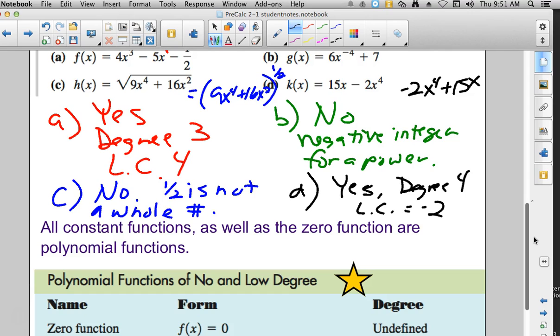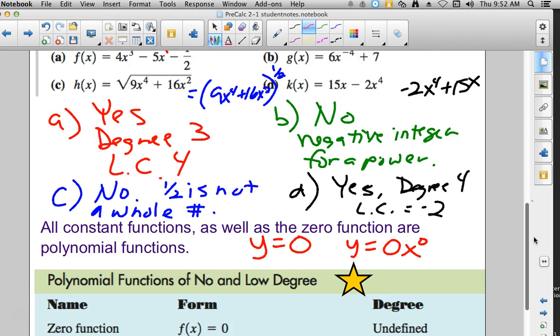Okay. What do you mean by whole number? Whole numbers are 0, 1, 2, 3, 4, 5, 6, etc. No decimals, no fractions. And when they say non-negative integers, that really is the set of whole numbers. So we can have y equals 0, because this is like y equals 0x to the 0 power.